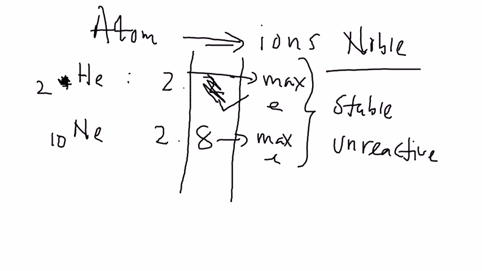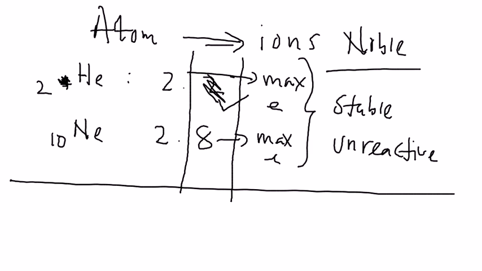Now, as compared to other elements in the periodic table, for example sodium. Sodium has 11 protons. Therefore, in terms of electronic structure or configuration, it has 2, 8, 1.